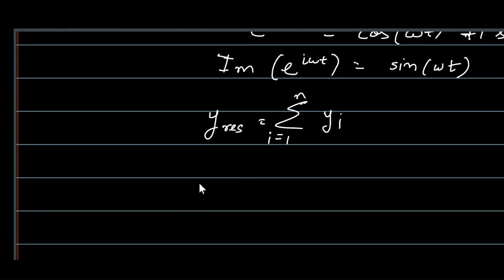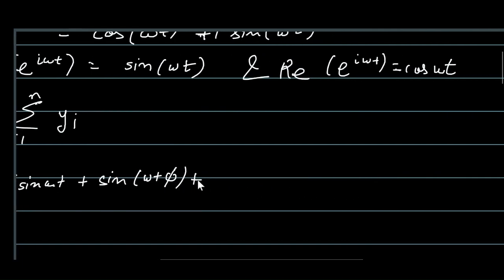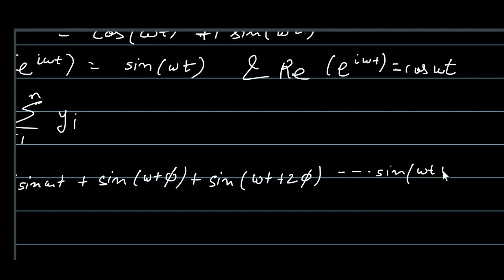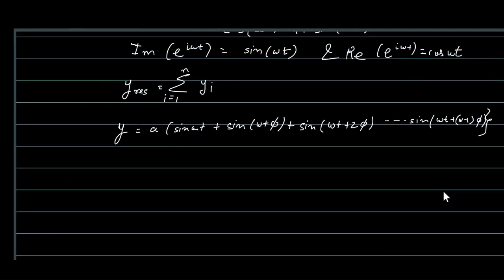So we can write that y is equal to a sin omega t plus sin omega t plus phi, plus sin omega t plus 2 phi, and so on. It continues till sin omega t plus n minus 1 phi. So this can be written as the resultant wave equation.